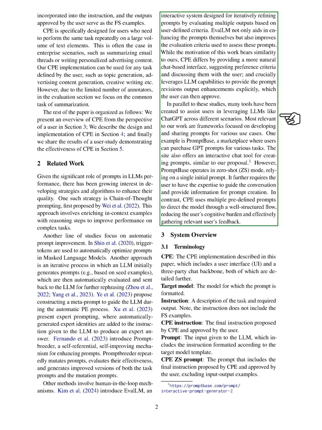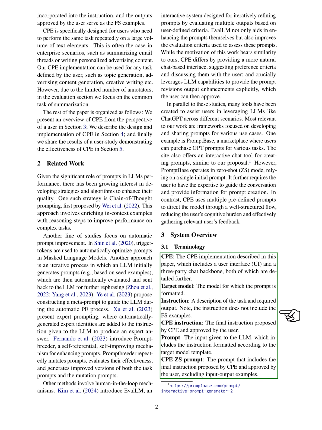Section: System Overview. In this section, we provide an overview of our system and clarify some key terms. CPE refers to our implementation that includes a user interface and a chat framework involving three parties. The target model is the specific model we format our prompts for. An instruction describes the task and the expected output, but it does not include examples.